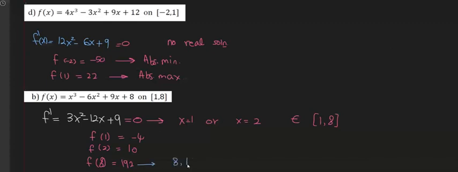So we will say that the point 8 and 192 acts as the absolute maximum, while at 1 is the absolute minimum, because we got the corresponding height of -4, so this is the absolute minimum.